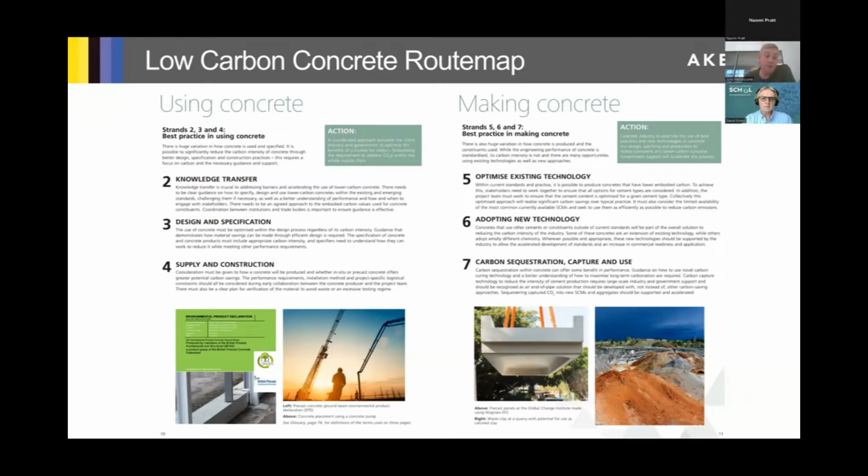The role of design and specification, both in the concrete mix but all equally in that use of concrete and getting the most for every cube of concrete we use. Supply and construction, so how we think about how we use concrete, whether that's through precasting, whether that's through better use of temporary state of works in the final design, and collaboration across the supply chain to drive out carbon.